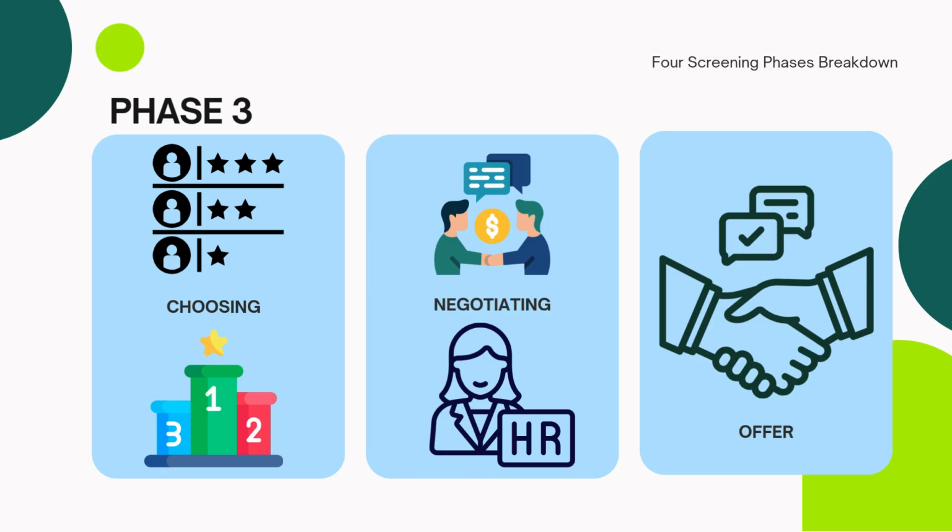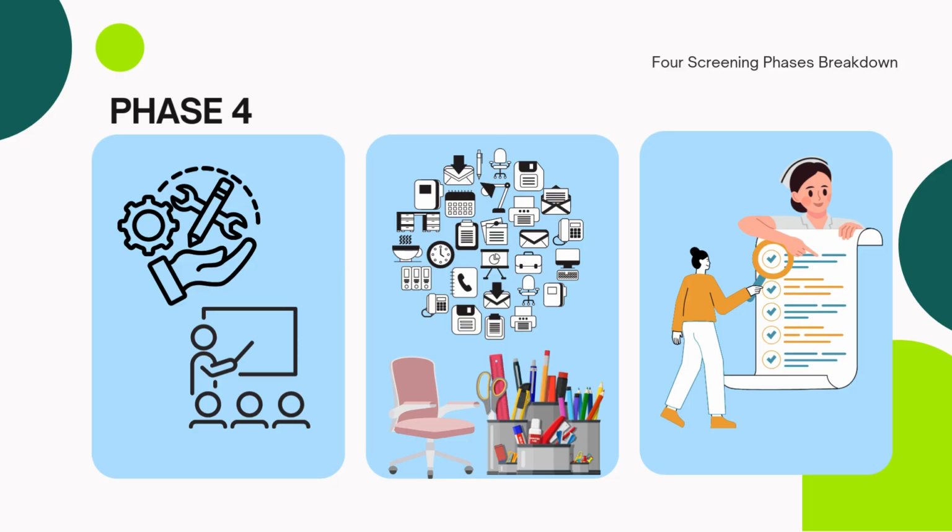Now moving into phase 4, if the candidate agrees to the negotiations and to take the job, then we go into the post-offer and onboarding process. This is where HR and educational training comes into play, and they ensure that the candidate has all the documents that they need, that they go through a proper background check, and receive their orientation as well.